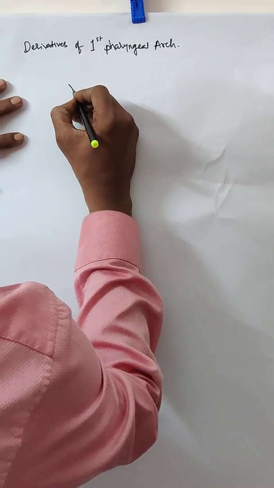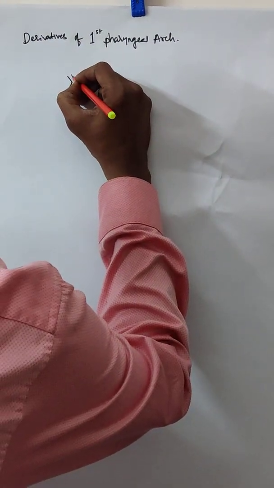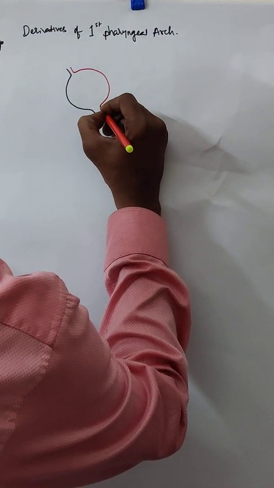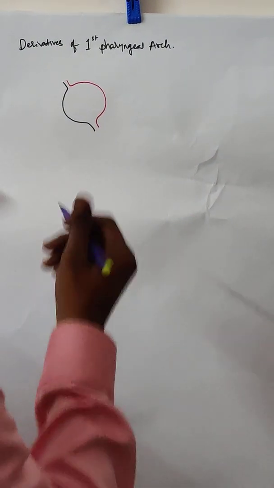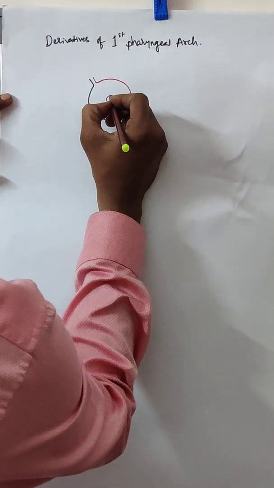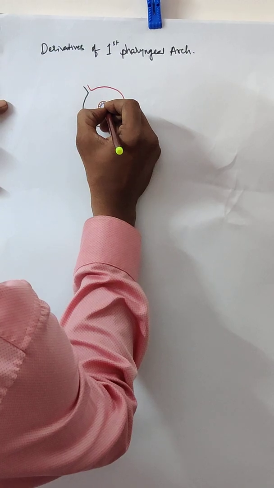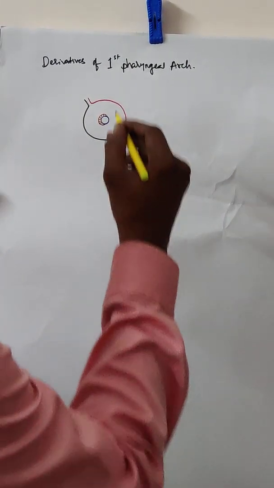So I am just trying to draw this first pharyngeal arch. In this first pharyngeal arch, you will also see other structures, that is a cartilage in the central region with muscles which are seen around this cartilage, and also there are important structures called the nerves.